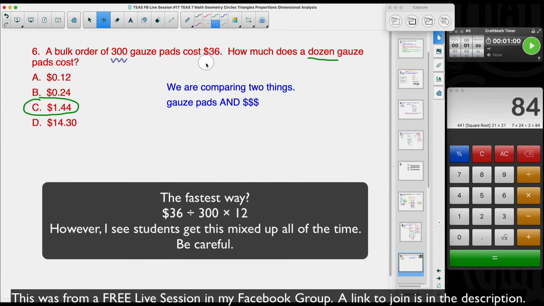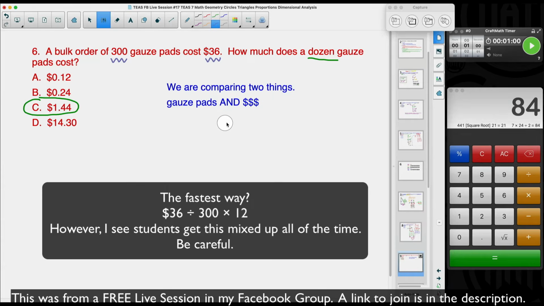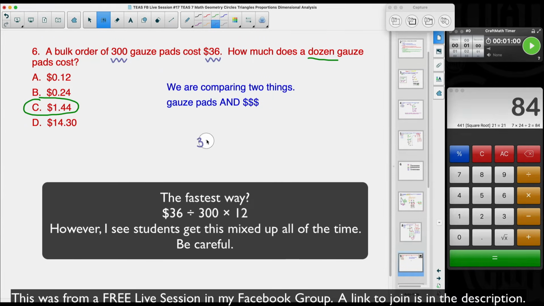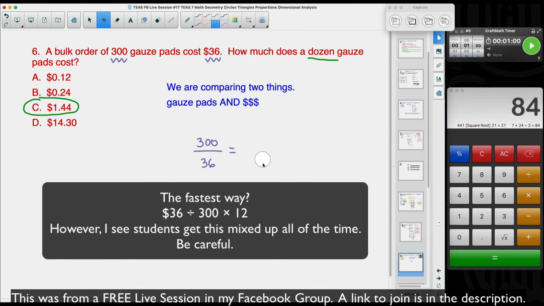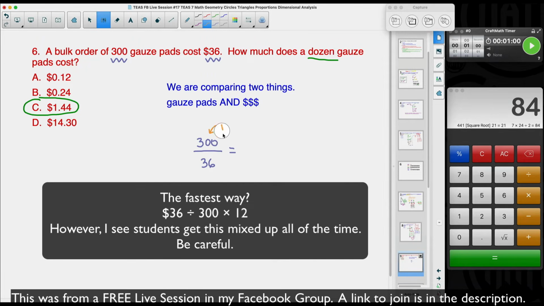What we know is that 300 gauze pads cost $36. So I'm going to put 300 at the top of a fraction, and I'm going to put the 36 at the bottom. Why? Because I can. But you don't have to do it like that. And I'm going to set this equal to, and I'm just going to write a reminder here. What does that 300 represent?